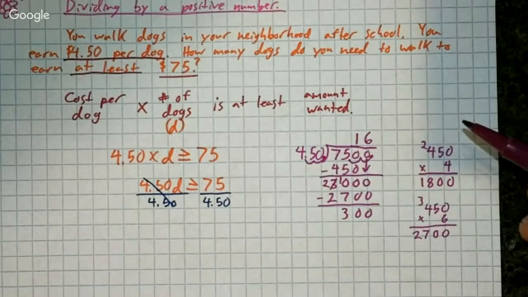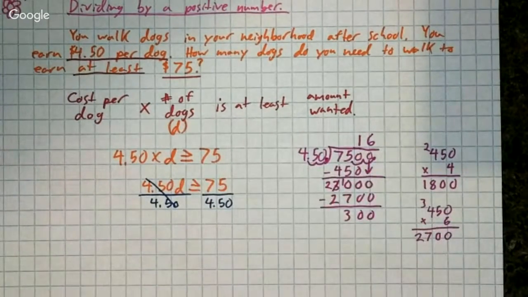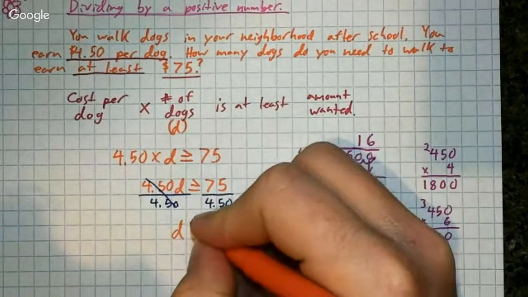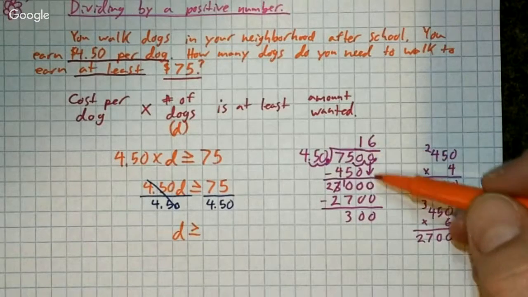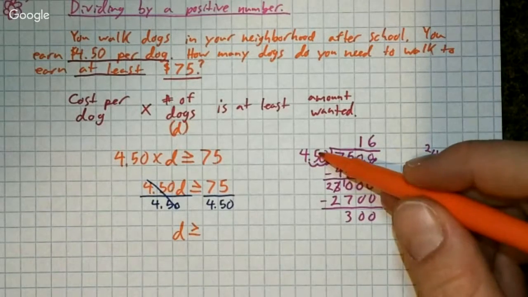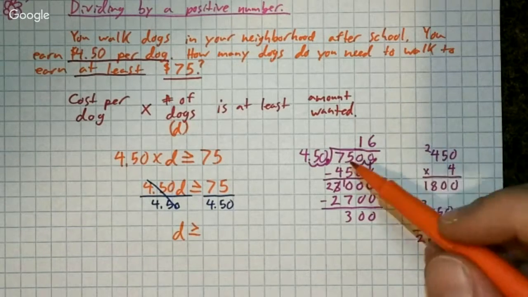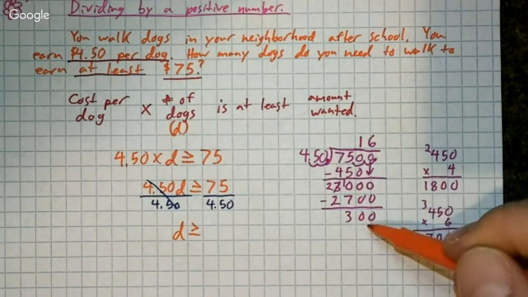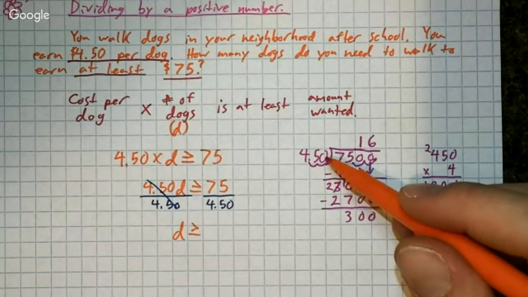We have our number, and our answer is now going to be, we're just simplifying, D is greater than or equal to 16 and 300 over 450. Now, 300 over 450, we know we can, first of all, divide by 10, which would give us 30 over 45. Then we divide by 15.